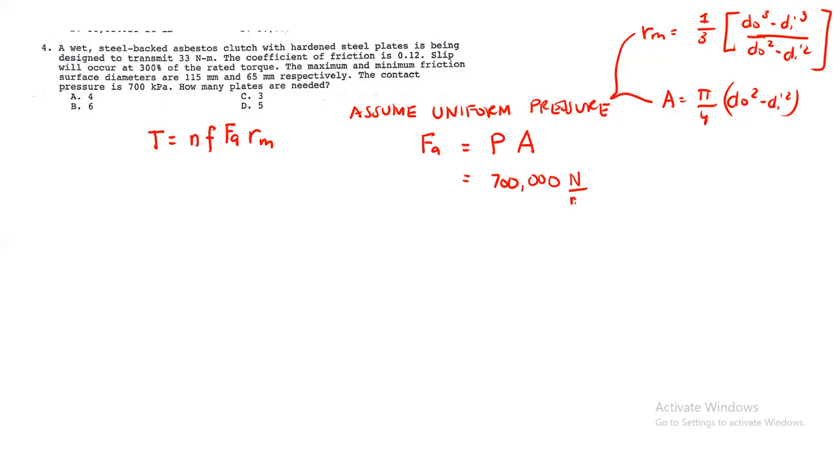So, newton per meter squared. So, pascal yan. Times pi over 4 times outside diameter. So, ilan yung outside diameter natin? 115. So, 0.115 squared minus 0.065 squared. So, meter squared. So, ilan yung lalabas dito na axial force?